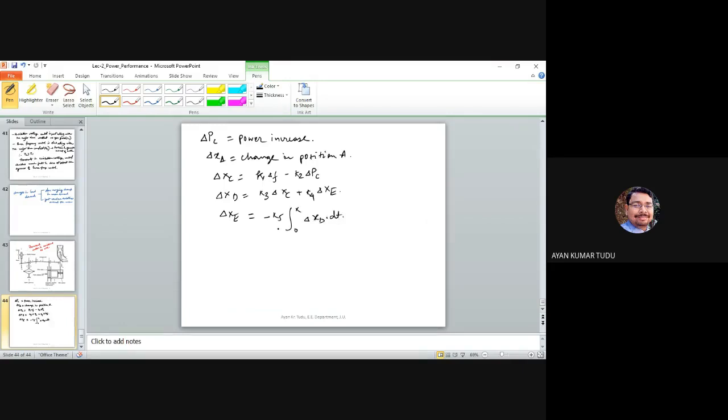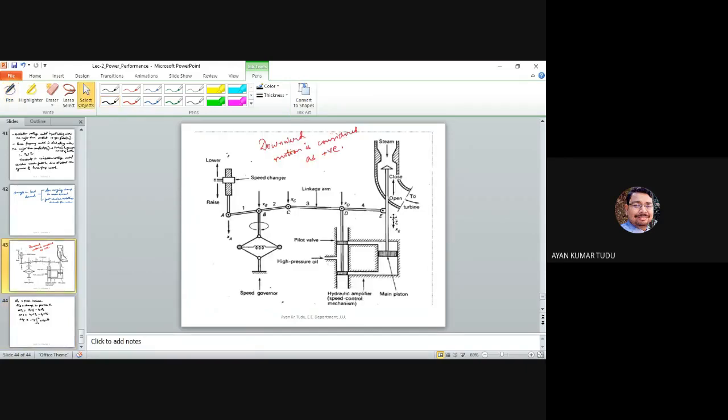This K5 is a constant which depends upon the orifice and the cylinder geometry and the fluid pressure. And this negative sign is there because the downward movement of D causes upward movement of E, and so on.